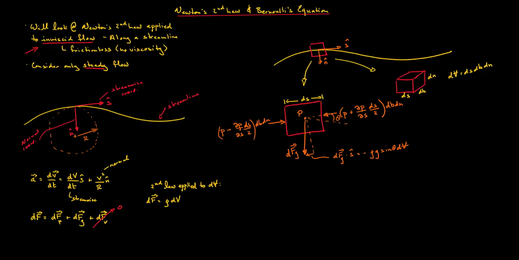So we have rho dV, which is our mass, multiplied by our acceleration, DV by Dt. So here we have the mass, and here we have the acceleration.